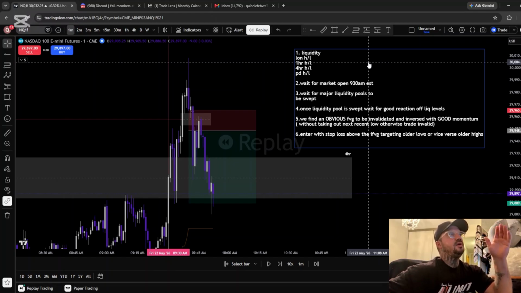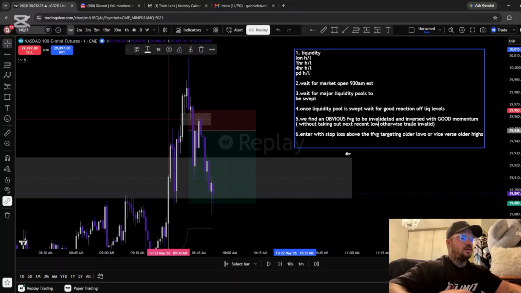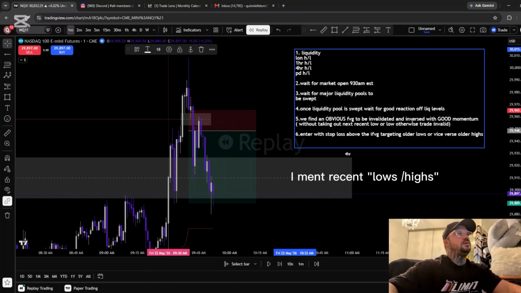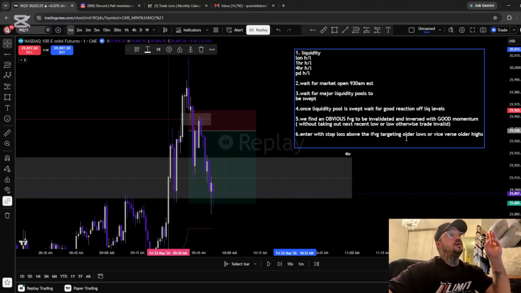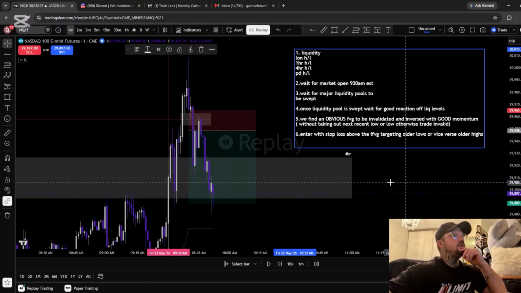Number 5, we find an obvious fair value gap to be invalidated and inverse with good momentum without taking out the next recent high or low, otherwise the trade is invalid. Number 6, enter with stop loss above the IFVG targeting older highs, older lows, or vice versa, older highs. Like I said, depending if you're going long or short.